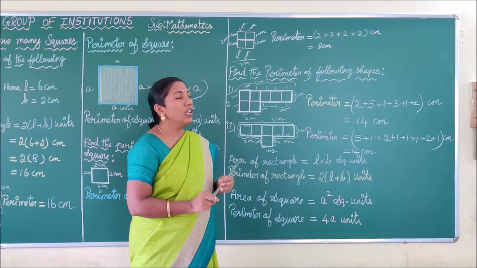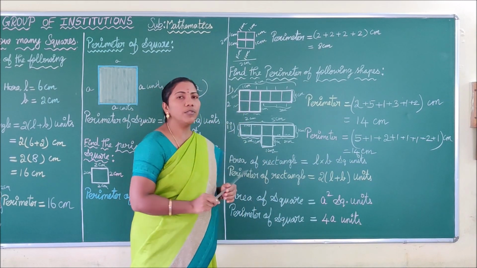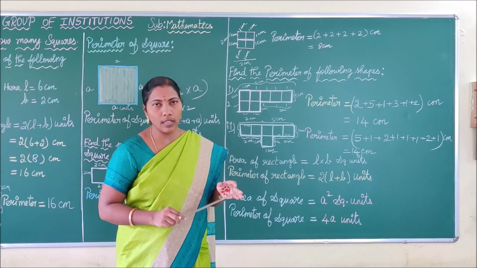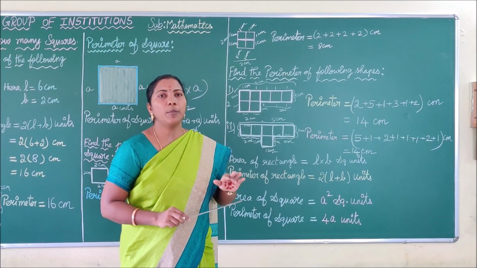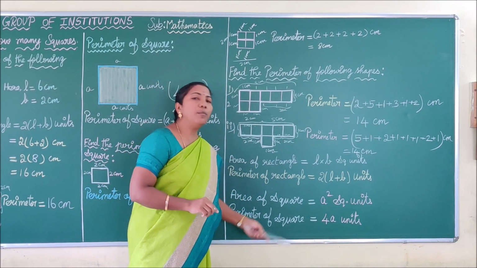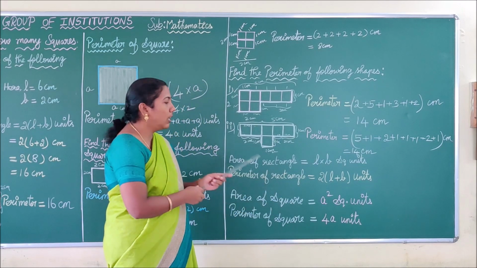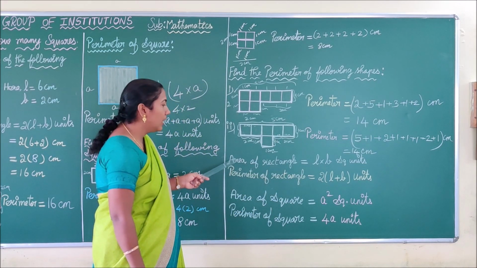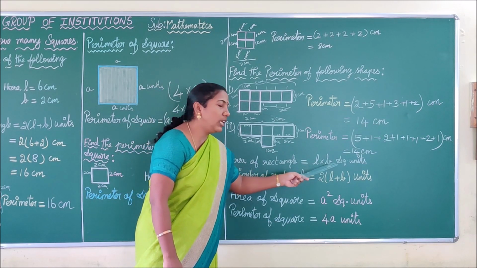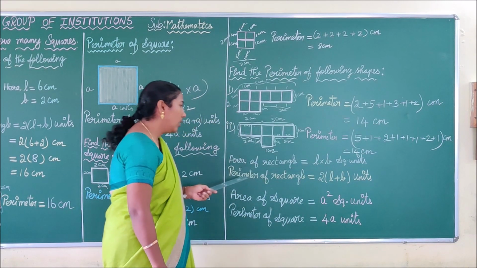Is it clear, children? So far the concepts we have discussed are area of rectangle, area of square, perimeter of rectangle, perimeter of square. So you have to definitely memorize these formulas, children. Read the formula along with me. Area of rectangle equal to L into B square units.